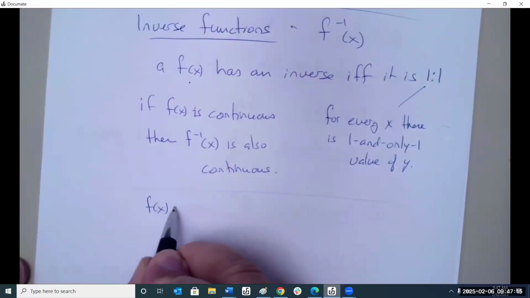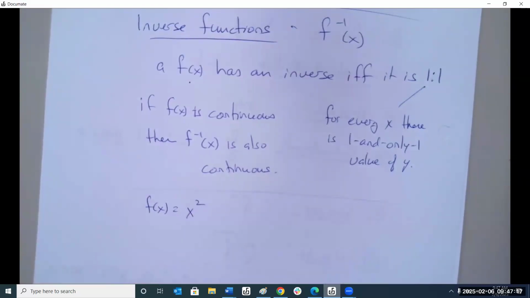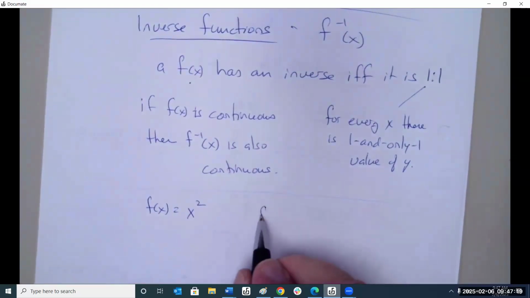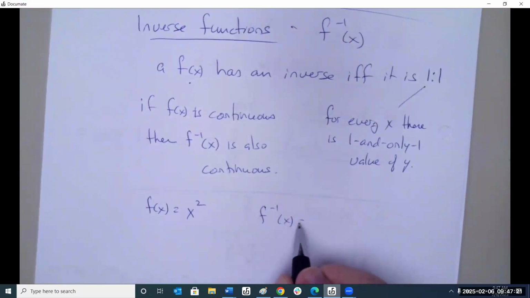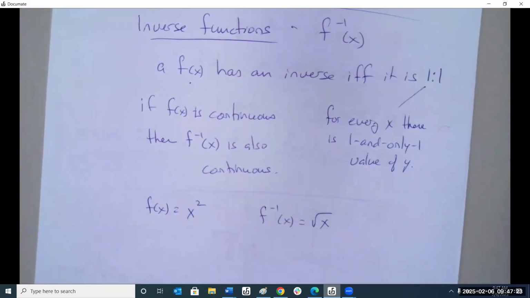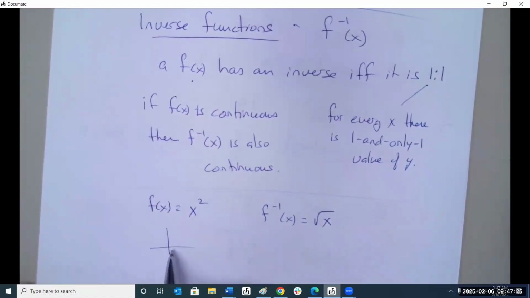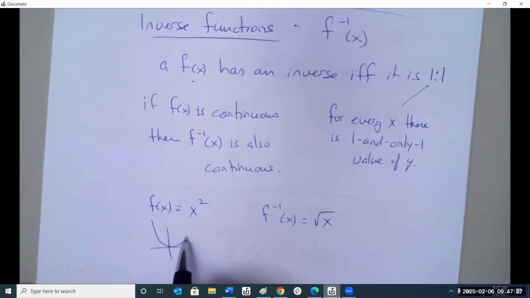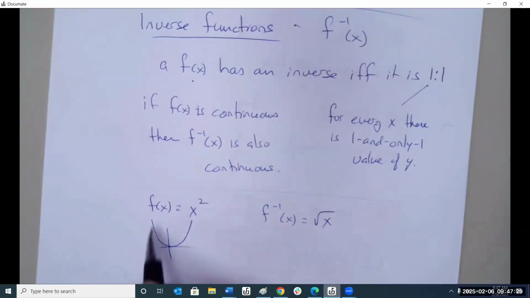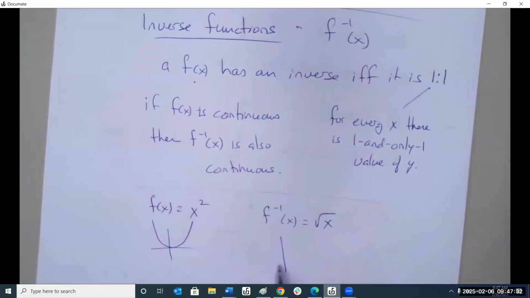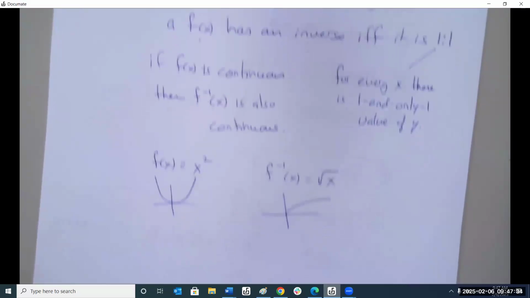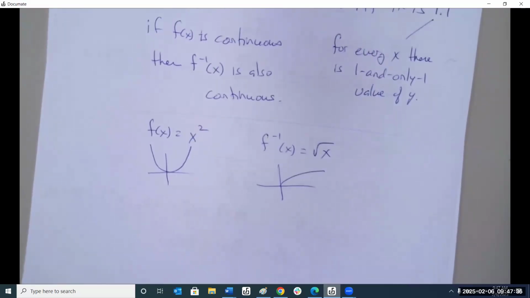If f of x equals x squared, what's the inverse function of x squared? Square root of x. So that's continuous. Each x only has one value of y, so therefore the inverse is also continuous.